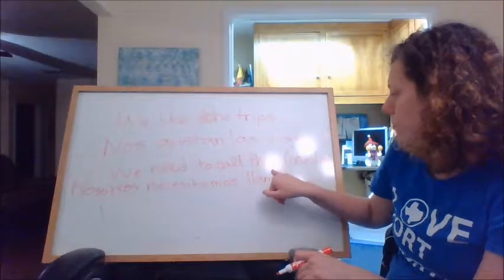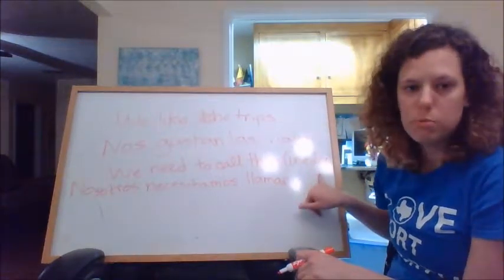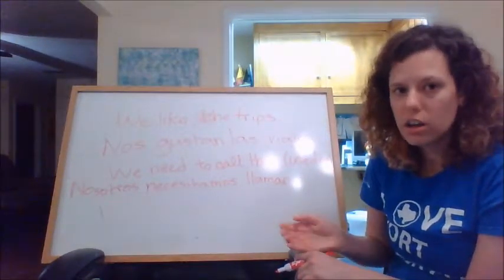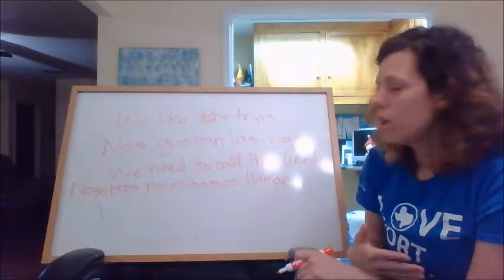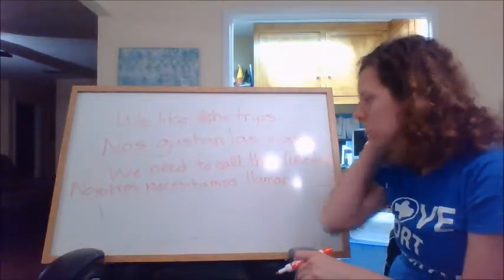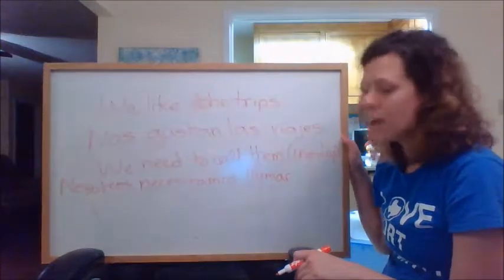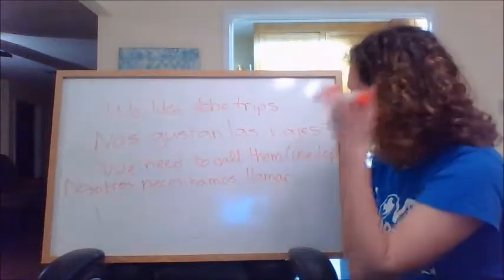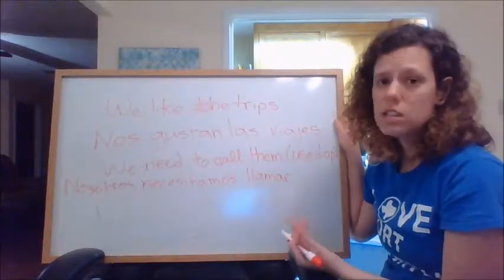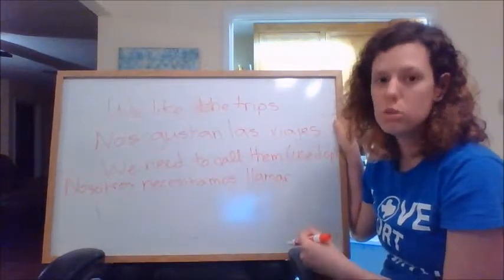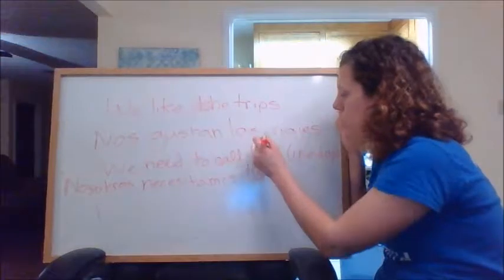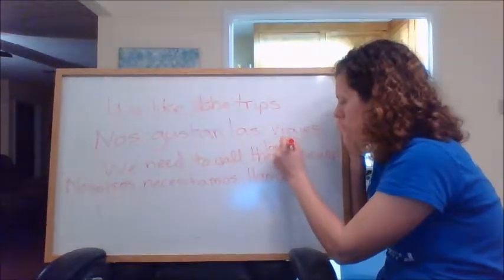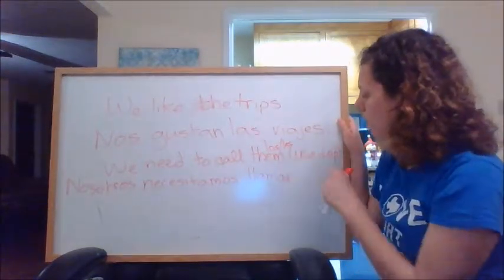And then them. This says use a direct object pronoun because who are we calling? We're calling them. It doesn't have a gender, so it could either be los or las. If it doesn't tell you what gender to use, you can use whichever one you want. So maybe we'll use los. Los or las is fine.